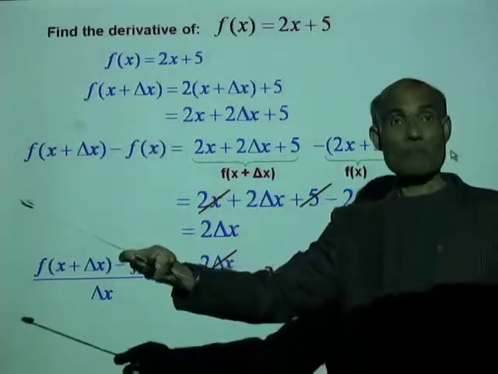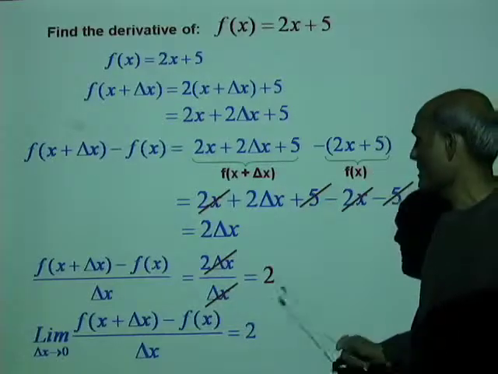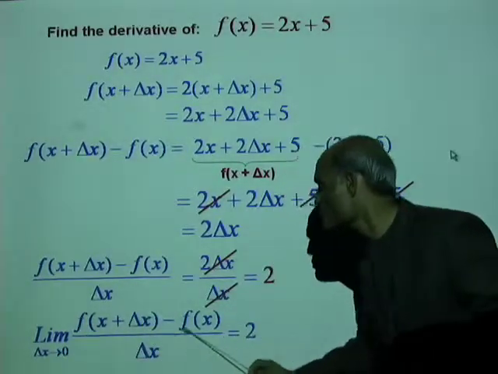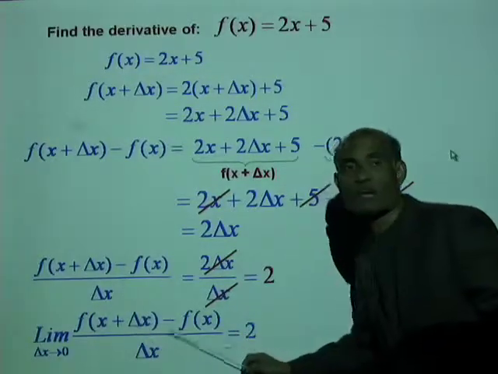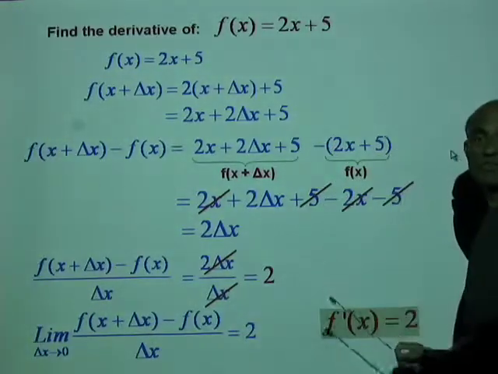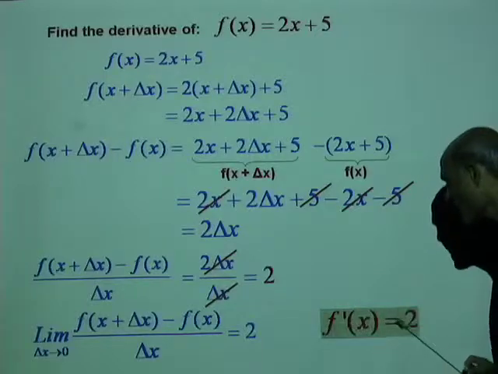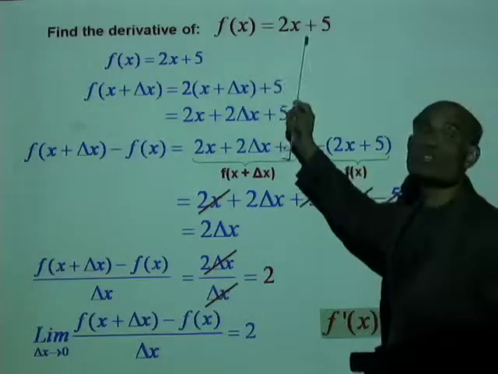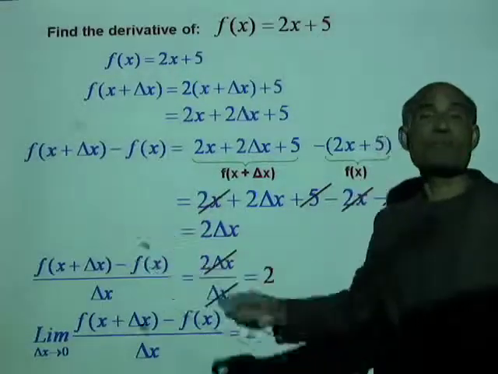Is that right? Alright. Therefore, we say limit delta x approaches 0, delta y by delta x equal to 2, or f prime of x equal to 2. The derivative of this function equal to 2.